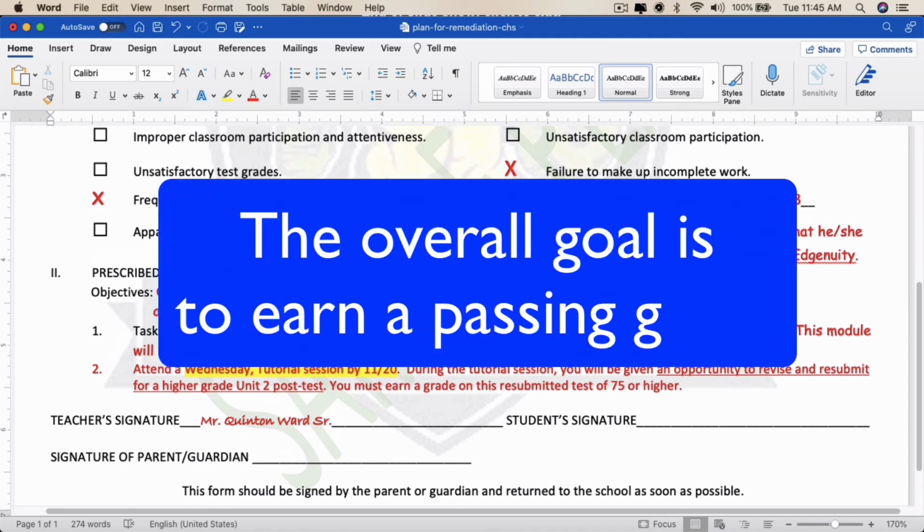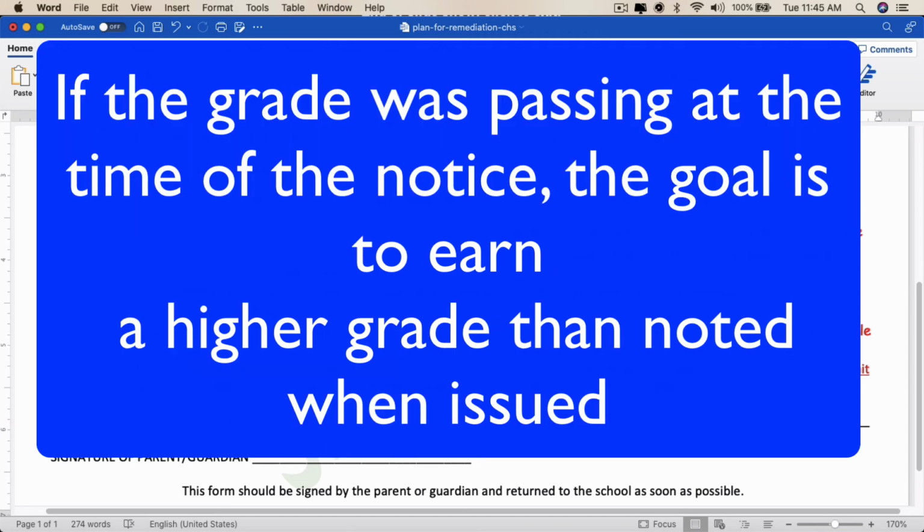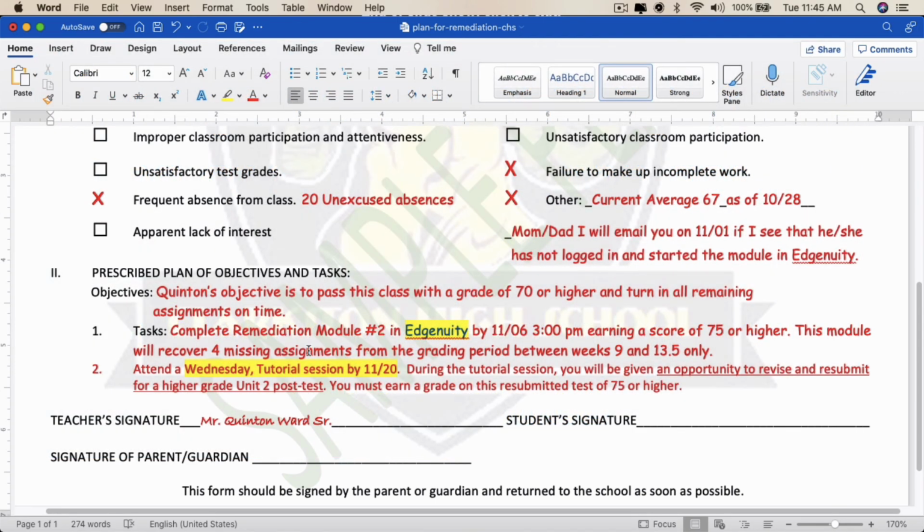Remember when we talked about viability: what you have written down as the specific tasks must be viable. If the student successfully does what you've said in the remediation plan, it should lead to success in your class.